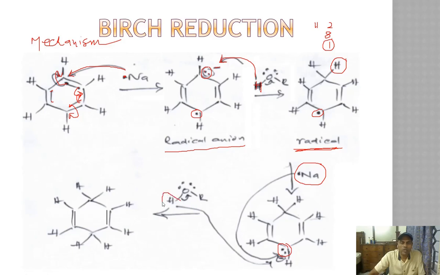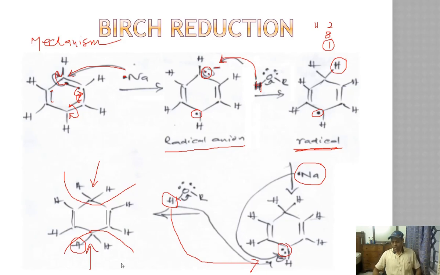The hydrogen from the alcohol is going to attach to this carbon, and it is going to form another hydrogen over here. So that is how you get the hydrocarbon positions over here, or they get saturated over here. This is only the partial saturation. So this is the reaction mechanism of Birch reduction.